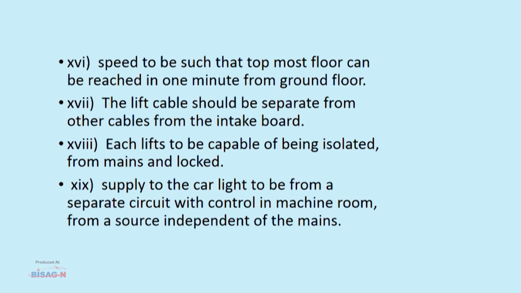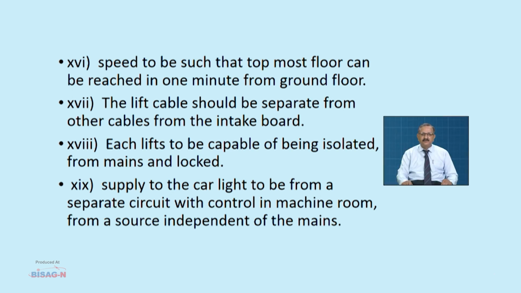Speed to be such that topmost floor can be reached in 1 minute from the ground floor. The lift cable should be separate from the other cables from the intake board. Each lift to be capable of being isolated from mains and locked. Supply to the car light to be from a separate circuit with control in machine room from a source independent of the mains.